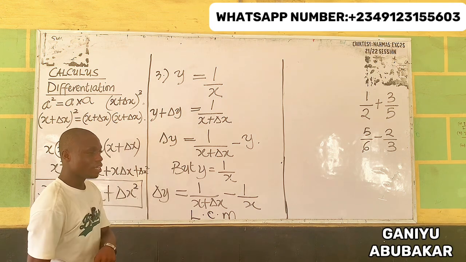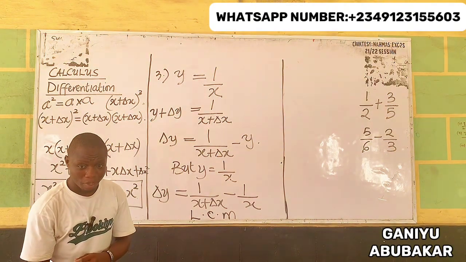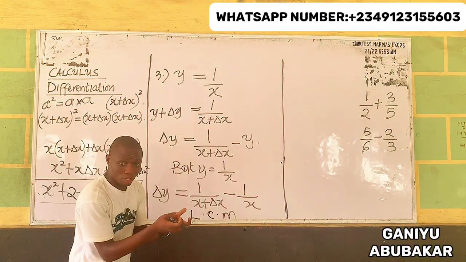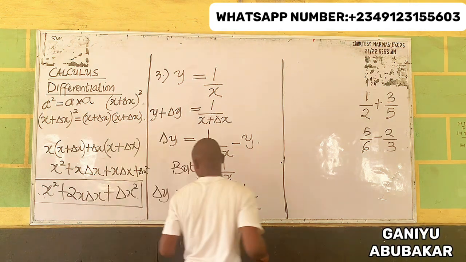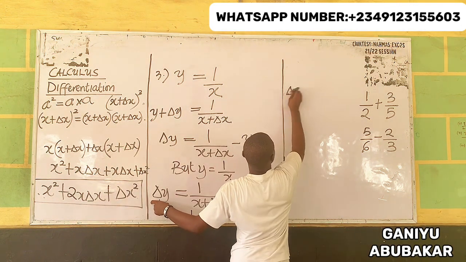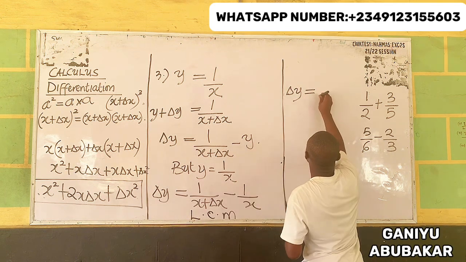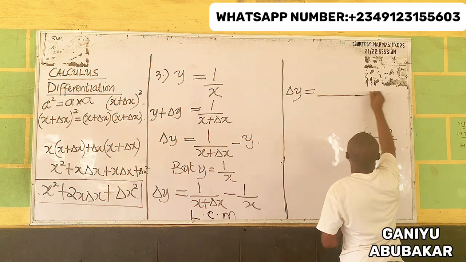Now listen. If I have two uncommon terms, like they are not the same, they are different, the two of them become the LCM. I'll have change in y equal to, now listen, I'll draw my LCM line. Observe my LCM this way, please.